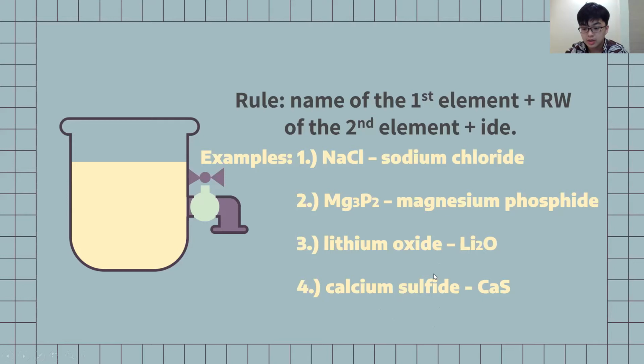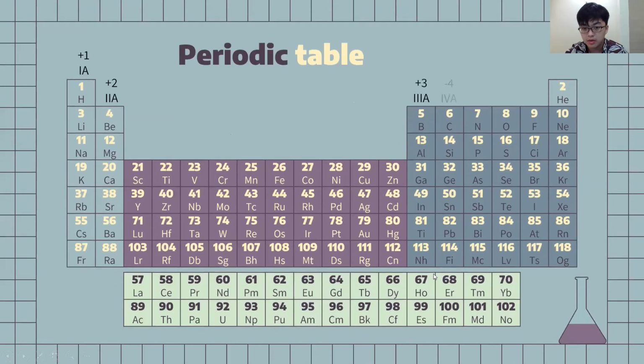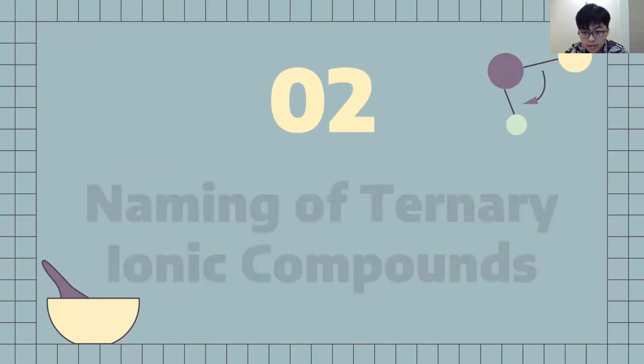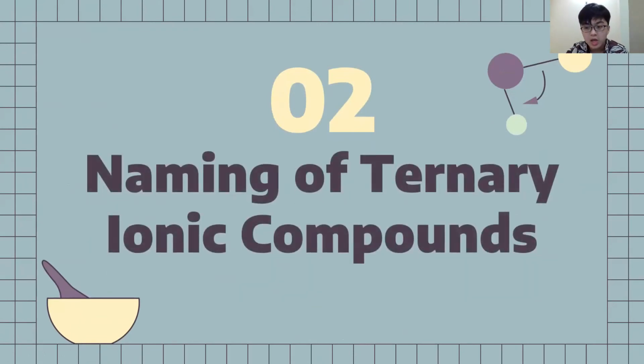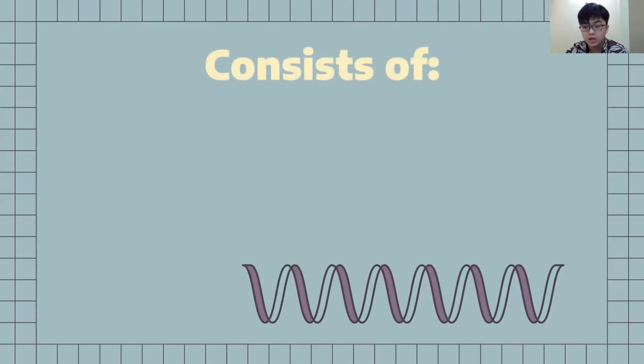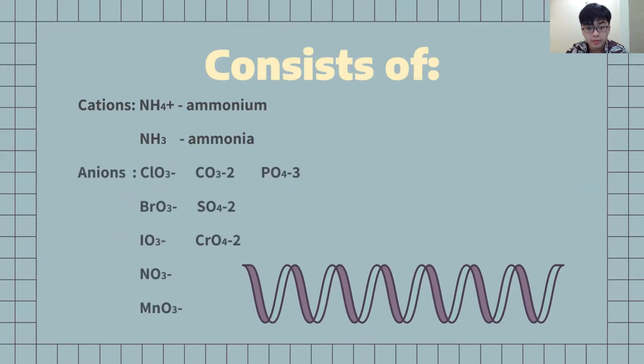Okay, so let us continue and move on to the next one: naming of ternary ionic compounds. Ternary ionic compounds consist of cations. The cations are NH4, which is ammonium, with an ion charge of +1, and NH3, which is ammonia, with an ion charge of 0.